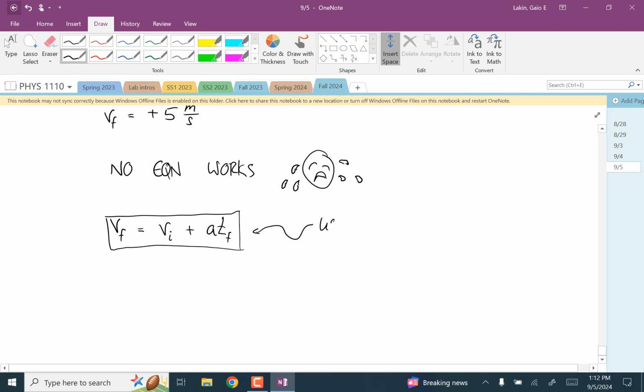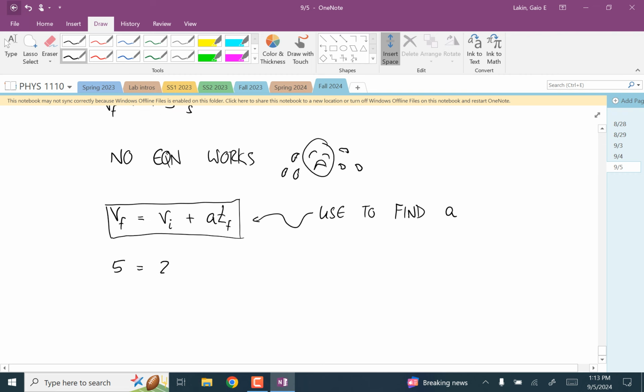So we're going to use this to find A. So 5 is equal to 2 plus 1 times A. And so 3 is equal to A. Well, so there it is. A is equal to 3 meters per second squared.